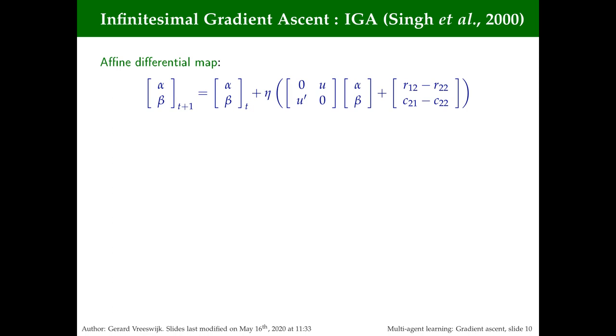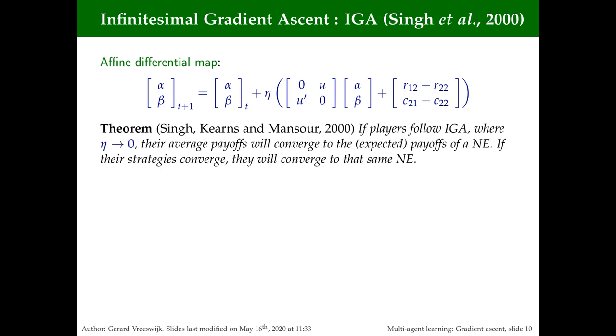So this is the very same equation. It's not a different equation, but the same equation. The affine differential map is written in full, just to show that this map is the central point of the discussion and quite important.